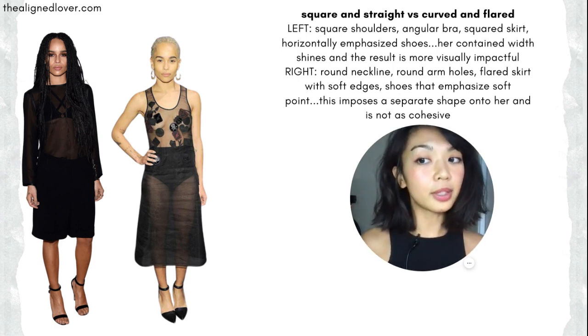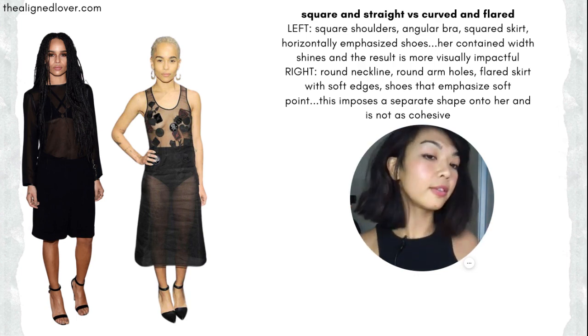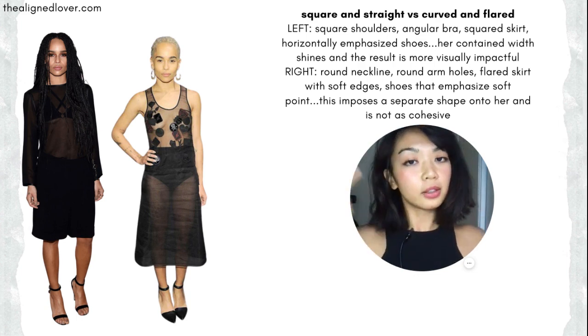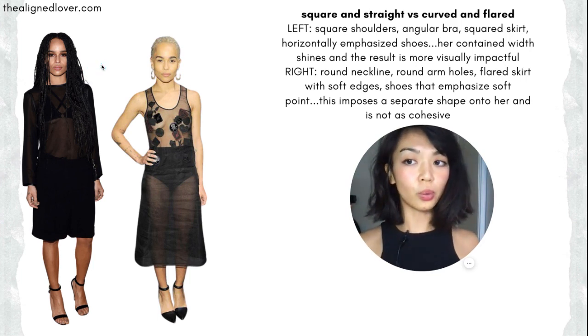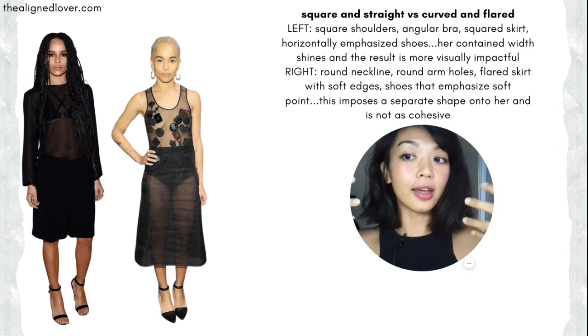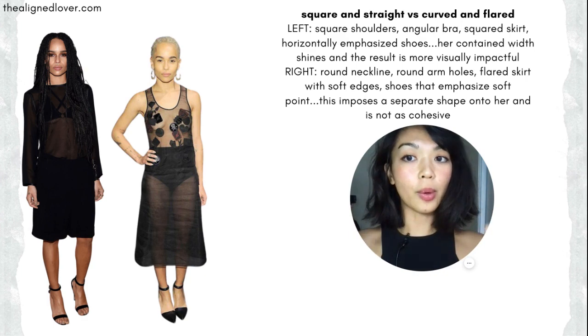This is going to apply to the same degree to all flamboyant gamines, but for Zoe in particular, she looks really beautiful in more square kinds of shapes because it reflects the aspects of her actual body.